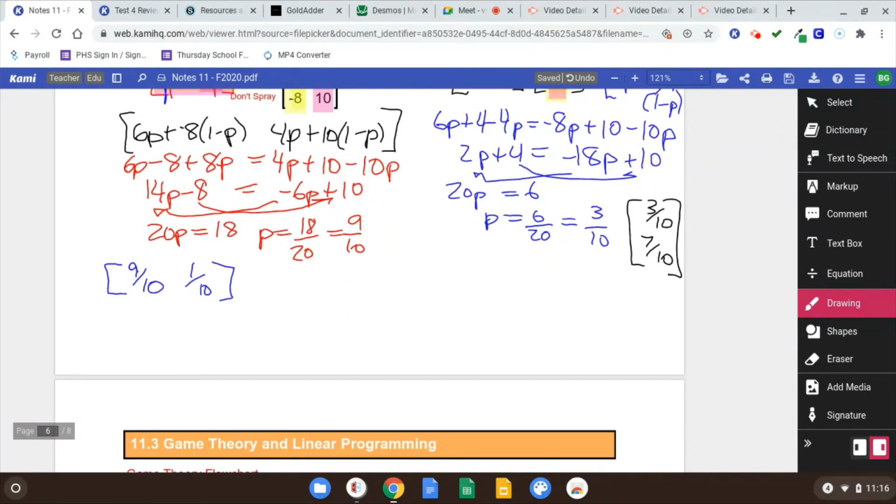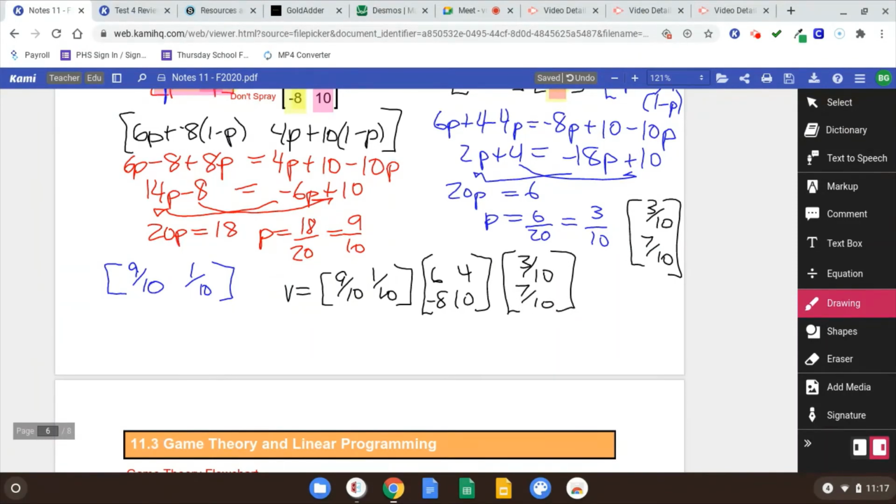So value of the game, we multiply our three matrices, and it has to be multiplied in the right order. So value is (9/10) and 1/10 times the payoff, 6, 4, negative 8, 10, times 3/10, 7/10.